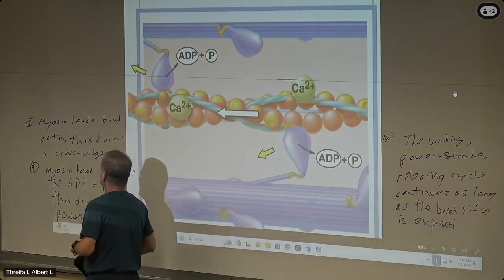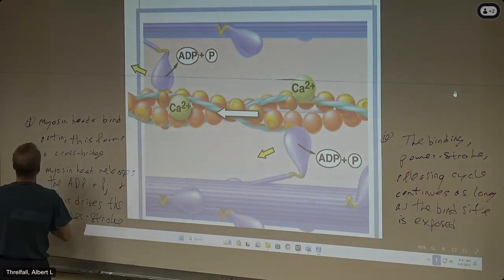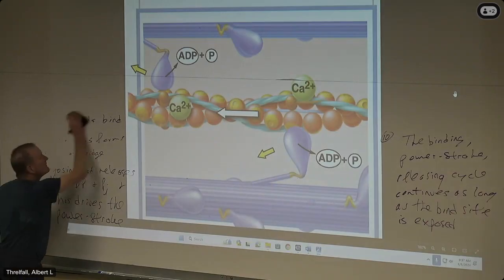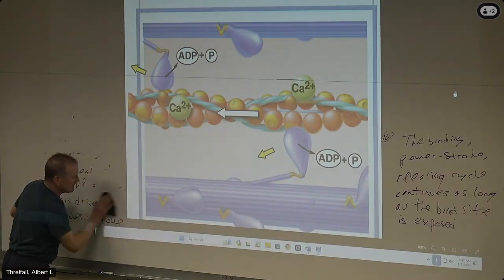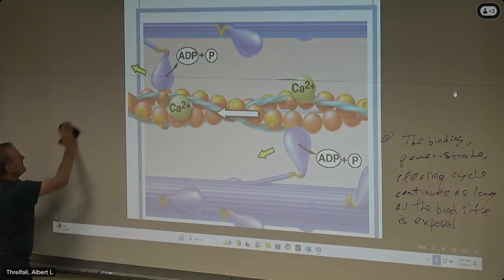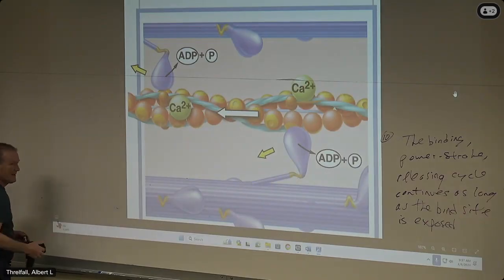As long as calcium is attached to troponin, which means as long as action potentials are coming in, calcium will remain attached to troponin. Binding sites exposed, this bind, power stroke, release will happen over and over and over.